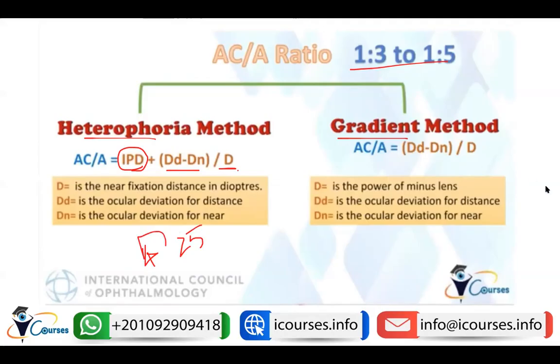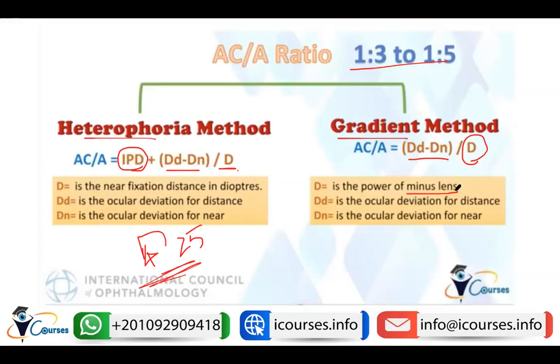Another method for measuring the accommodative convergence to accommodation ratio is called the gradient method, in which we are again taking the difference between the ocular deviation for far minus the ocular deviation for near, divided by D. But actually here D is not the near fixation distance in diopters, it is the power of the minus lens.